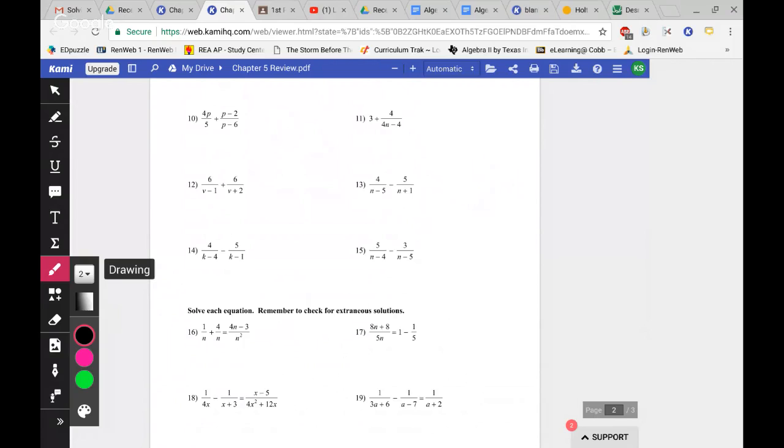Okay, for number, once again, I'm just going to keep working backwards through the worksheet. So for number 15, we're going to get a common denominator. The first thing that you're going to want to do 9 times out of 10 is factor them. In this case, there's nothing to factor. So I'll just do these.